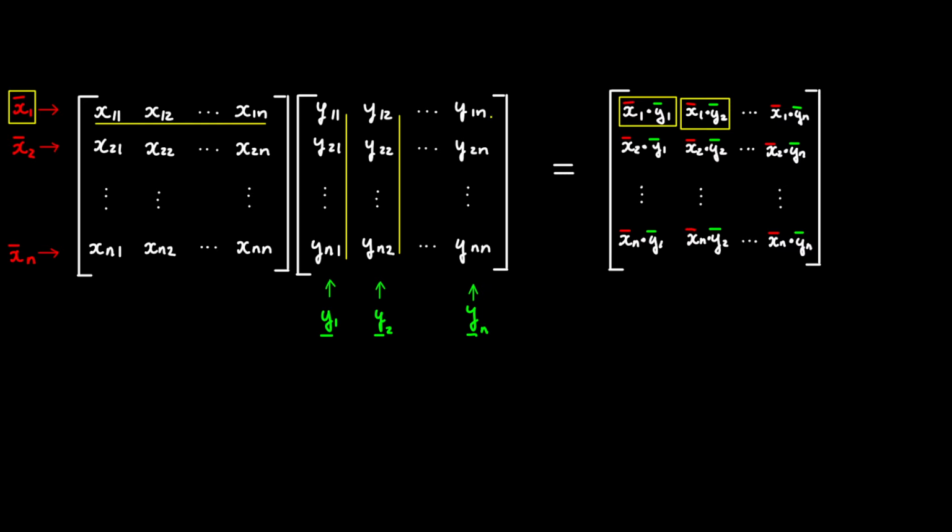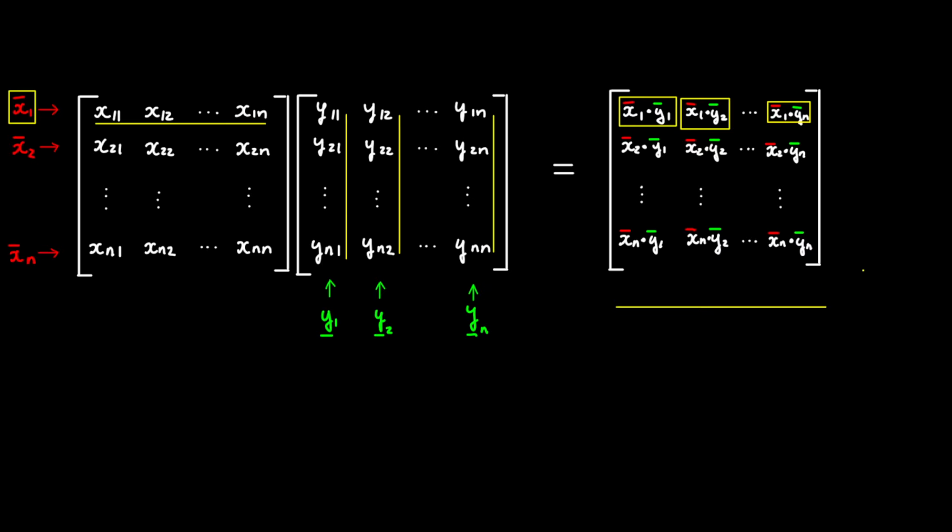And I could have done that also to the last column, and I would have gotten this dot product here. And so there's a pattern, and what this formula here represents is the full pattern. So given the rows of the first matrix and the columns of the second matrix as vectors, we can represent the product of the two matrices by this formula here involving dot products.